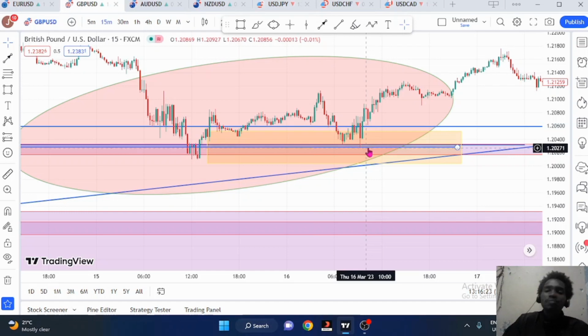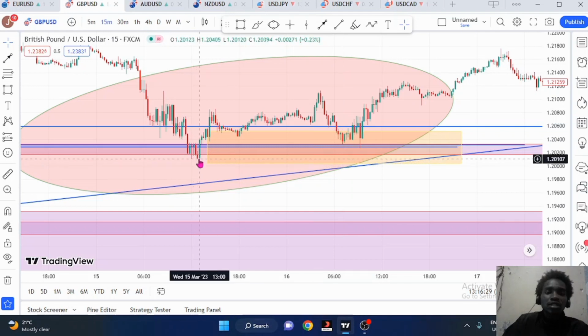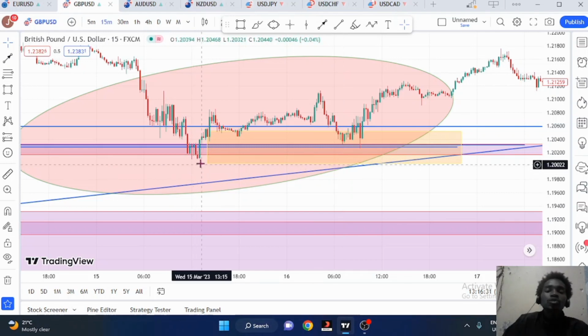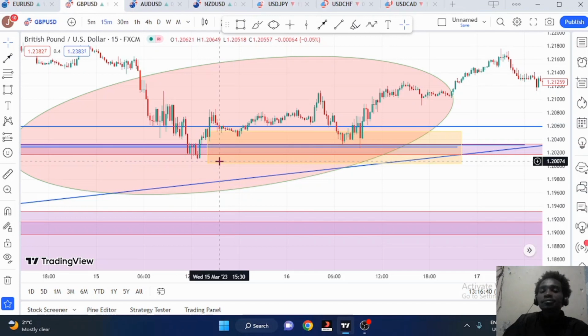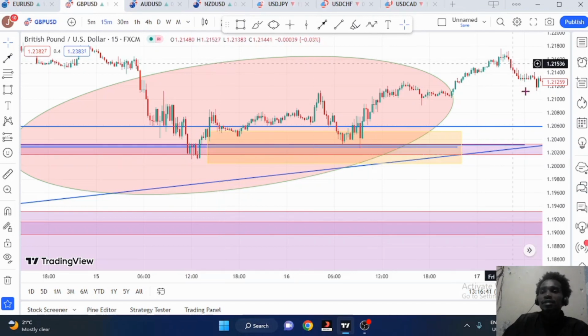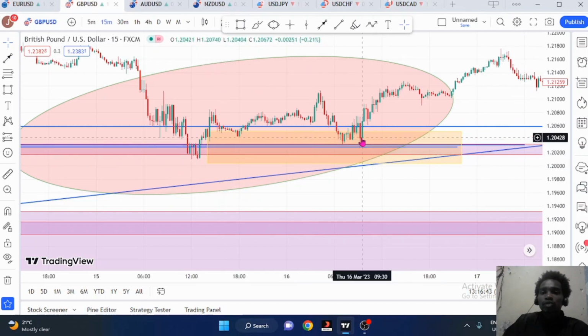I'm supposed to risk 50 pips. The stop loss I'm supposed to set below the final touch of the demand zone, right? How many pips is this? Someone calculate. This one is even less than 30 pips.